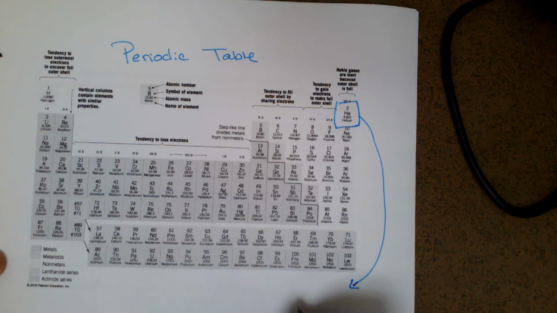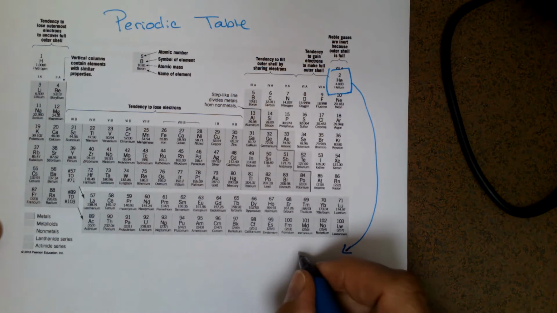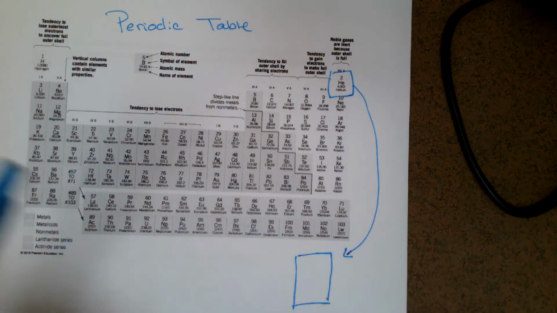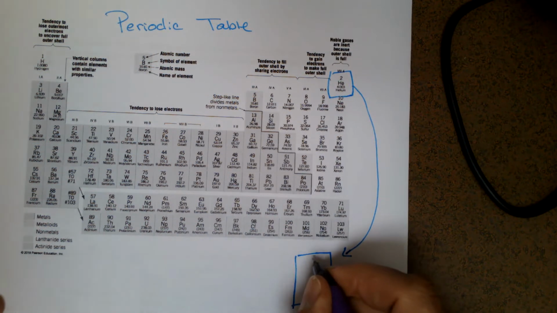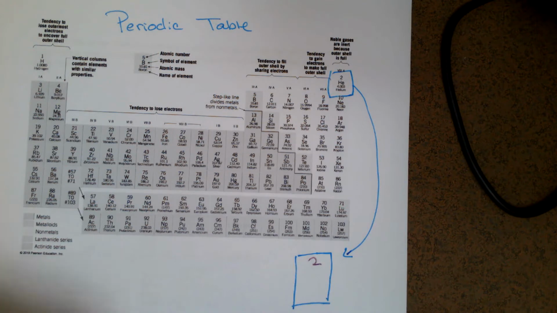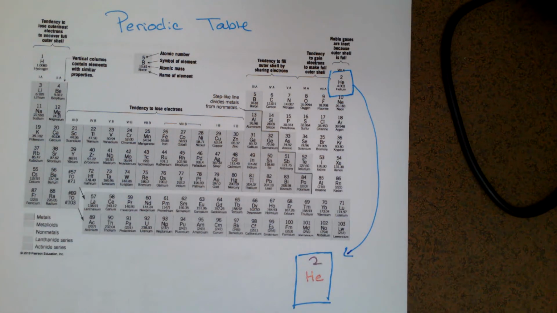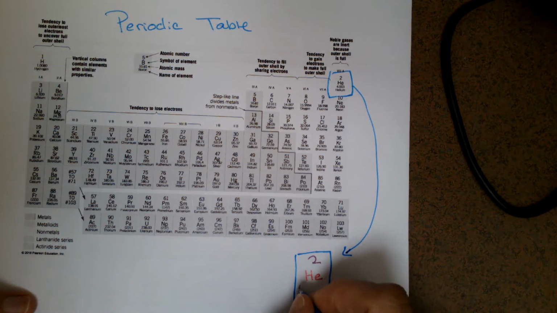So you're going to see that in this little box for helium, in the periodic table, it's got a couple of numbers. It's got a 2, in symbols. It's got He. It's got 4.003.